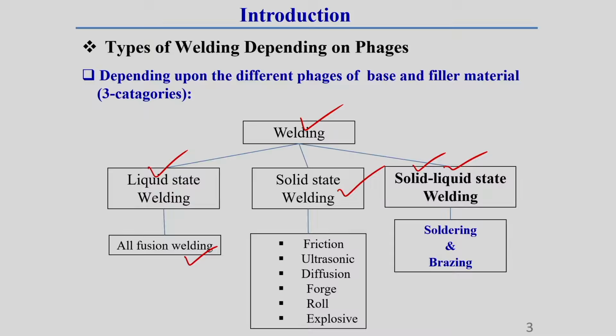Here the liquid state part is the filler wire, which we use to fill the gap and for joining purposes. That filler wire goes beyond its melting point temperature, whereas the parent material or the workpiece which we are going to join does not cross its melting point temperature, that means it is in solid state.